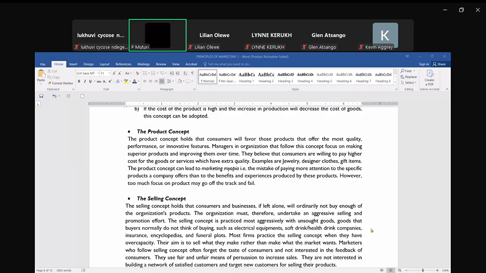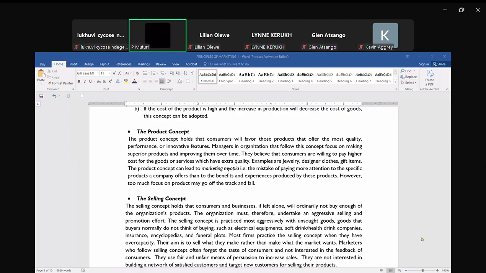Those selling in the property market, real estate plots and all that. Perhaps it's because we don't always go out, or we don't think we need those as much. Those selling financial products, loans, and so on.